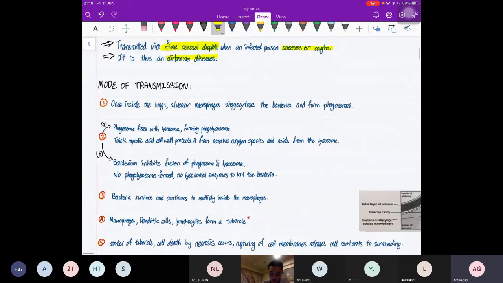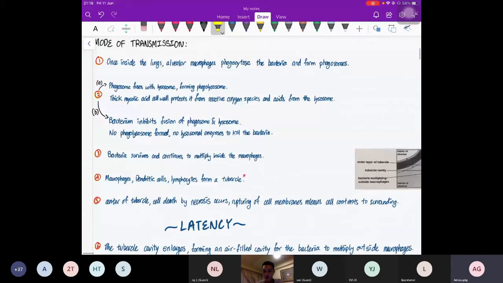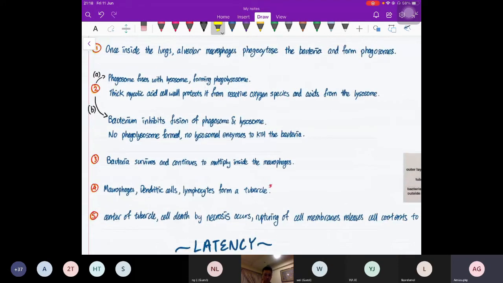So how does it infect your body? Once it's inside your lungs, the bacteria, Mycobacterium tuberculosis is a bacteria, your alveolar macrophages, which just means your macrophages in your alveoli, phagocytose the bacteria and form phagosomes.